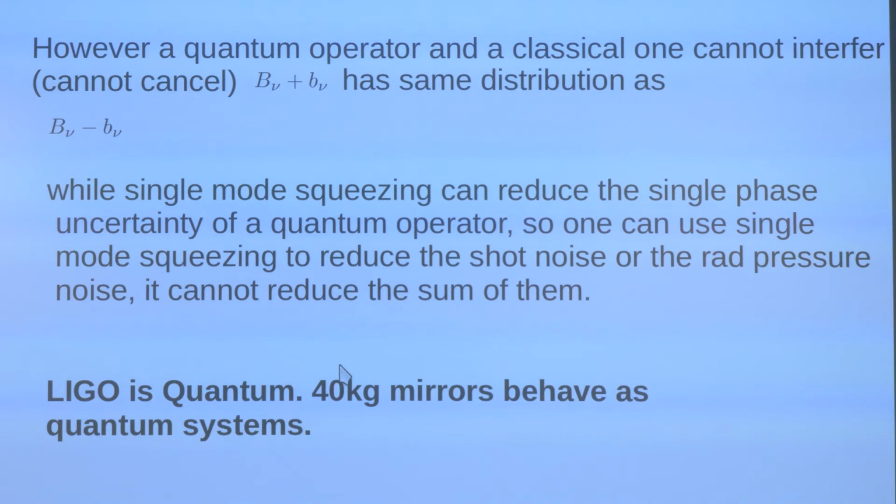LIGO with 40-kilogram mirrors. That's almost my weight. 40-kilogram mirrors which are acting quantum mechanically, in which one can see the difference between them behaving as a classical system and as a quantum system.